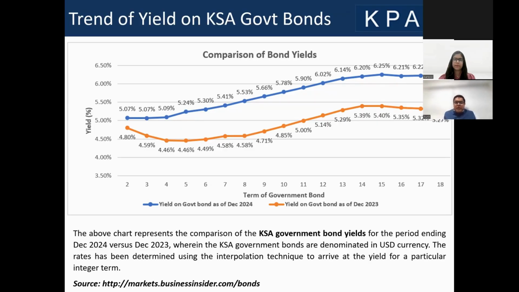Now, if we particularly look at a 10-year government bond, which is usually highly traded, and generally most of the organizations have an average duration of around 10 years, so the increase for a 10-year bond term is around 95 basis points. It means that the increase in bond yield is expected to create a fall in the actual liability.